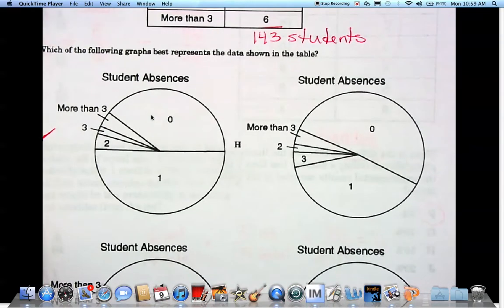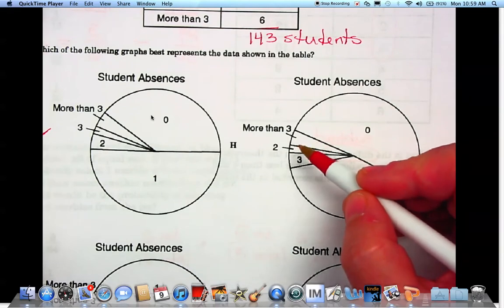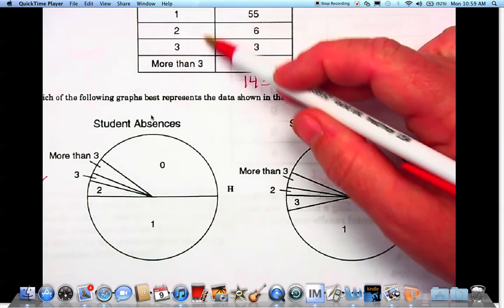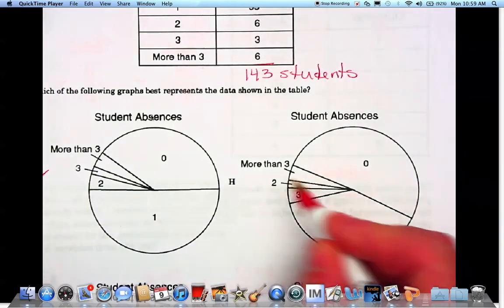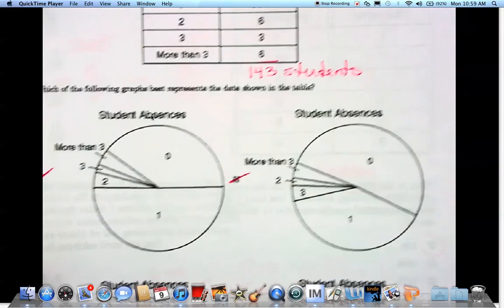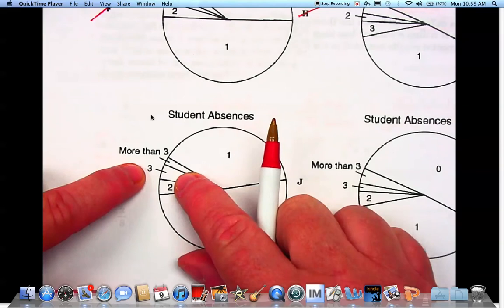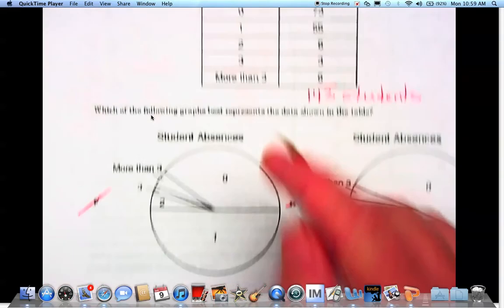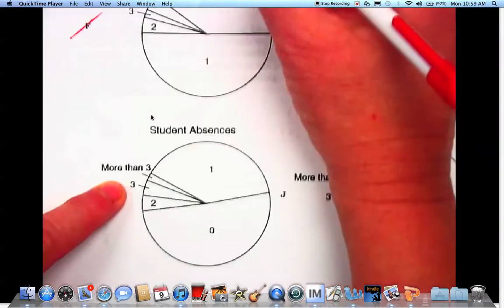Let's see, what about H? They have 3 and more than 3 being the same. Are they supposed to be the same? No. So that's what's wrong with this one. 3 and more than 3 should not be the same. This one has 2 and 3 being the same. What's supposed to be the same? 2 and more than 3.